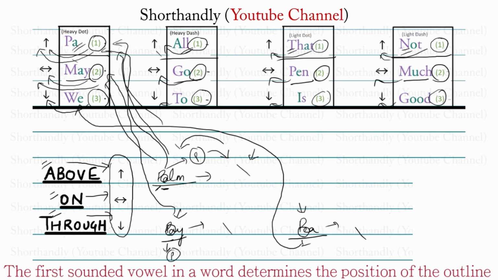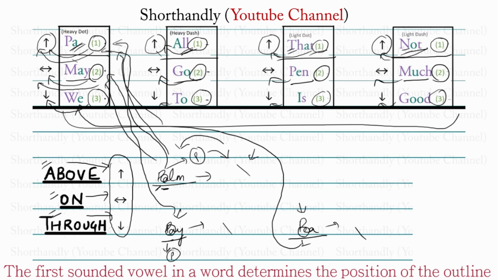So let's have a look at this whole chart again. All the first place vowels like pa, all, that, and not, these vowels are the first place vowels. So whenever we have any word and the first vowel sound is a first place vowel, then we will always make the first outline for this word from above the line, as we have this above the line symbol on all these four first place vowels.